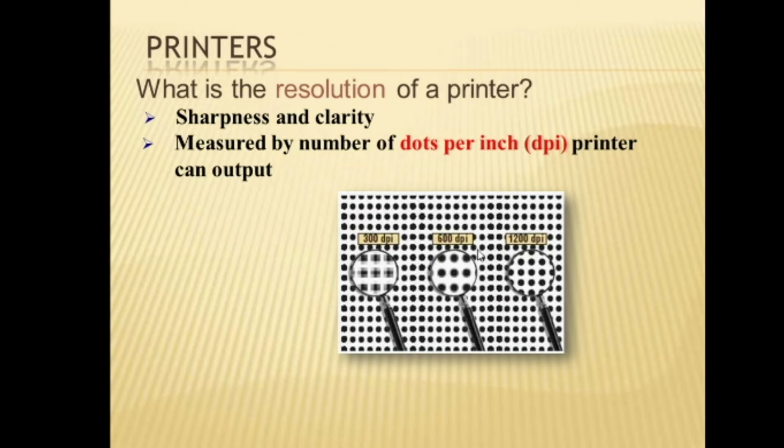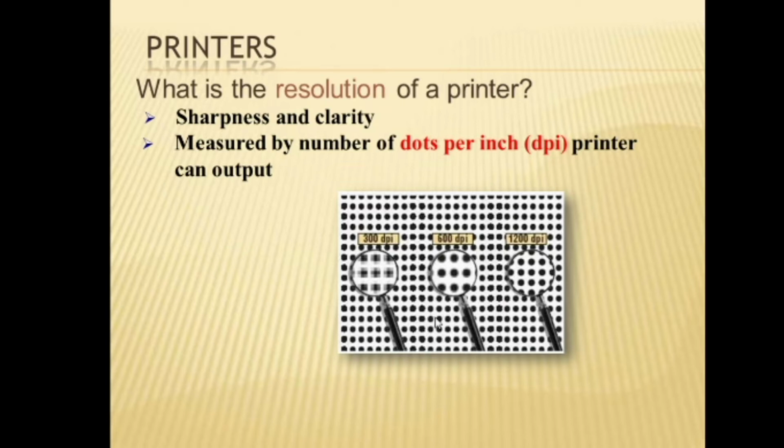Average inkjet printers today usually have a resolution of 1200 by 1440 dots per inch. This is a good enough resolution if you are not going to be printing photos larger than 5 by 7 inches. So the resolution increases sharpness and clarity measured by number of dots per inch DPI the printer can output.